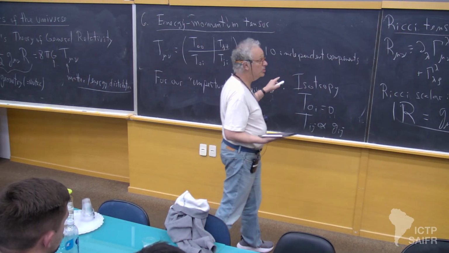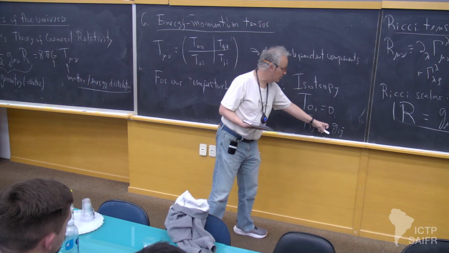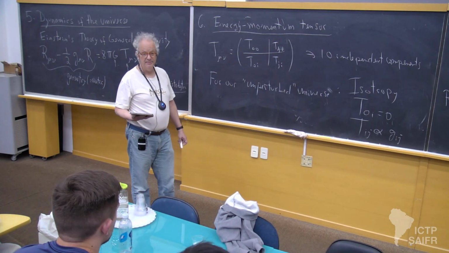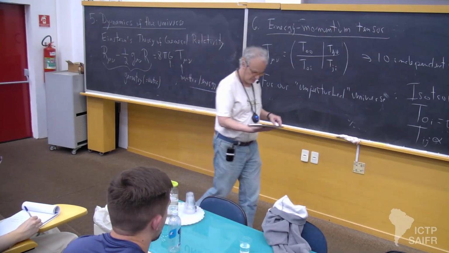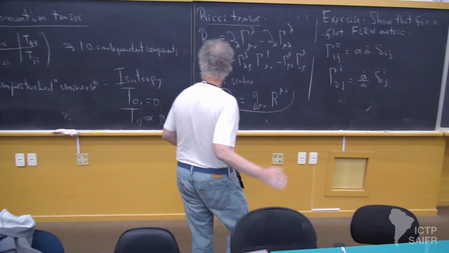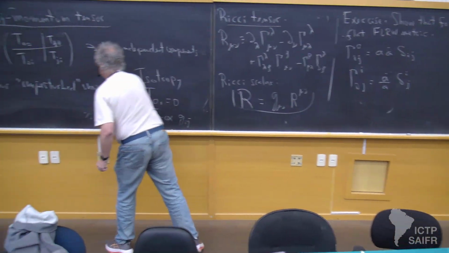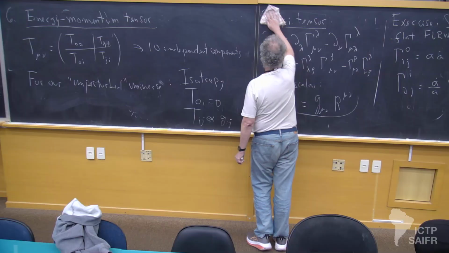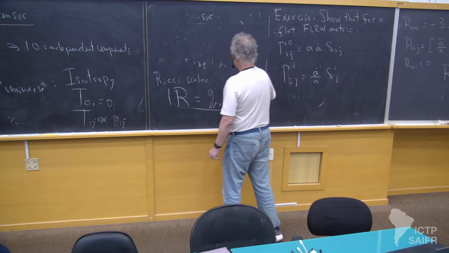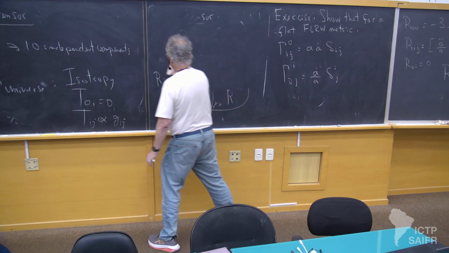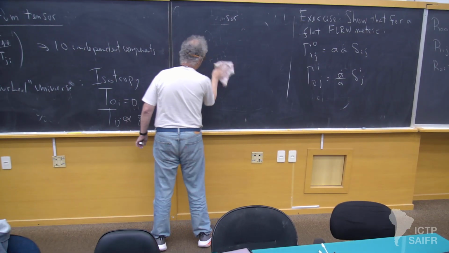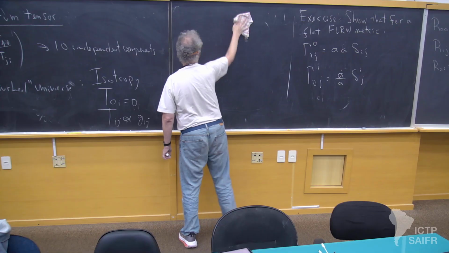And homogeneity says that the proportionality here must be at most a function of time, not of space. So the way to describe this energy momentum tensor, in this case of the unperturbed universe, is to imagine that matter is distributed as a fluid. So you really describe the universe as a perfect fluid.